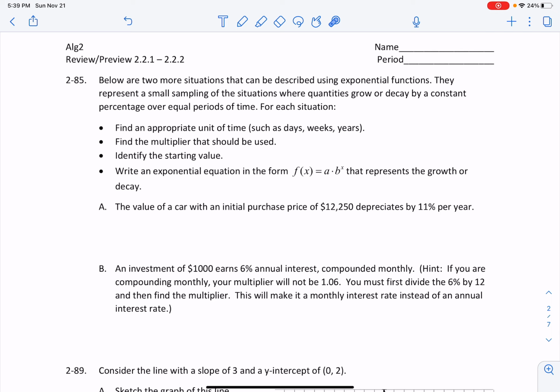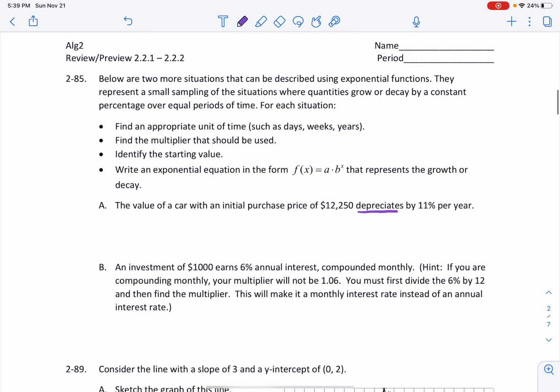So for part A, it says find the value of a car with an initial purchase price of $12,250, depreciates by 11% each year. So remember, a is like our start value and b is our multiplier. Okay, so when we're using percentages, because it's depreciating, we need to take 100% minus 11%, and that gives us 89%.